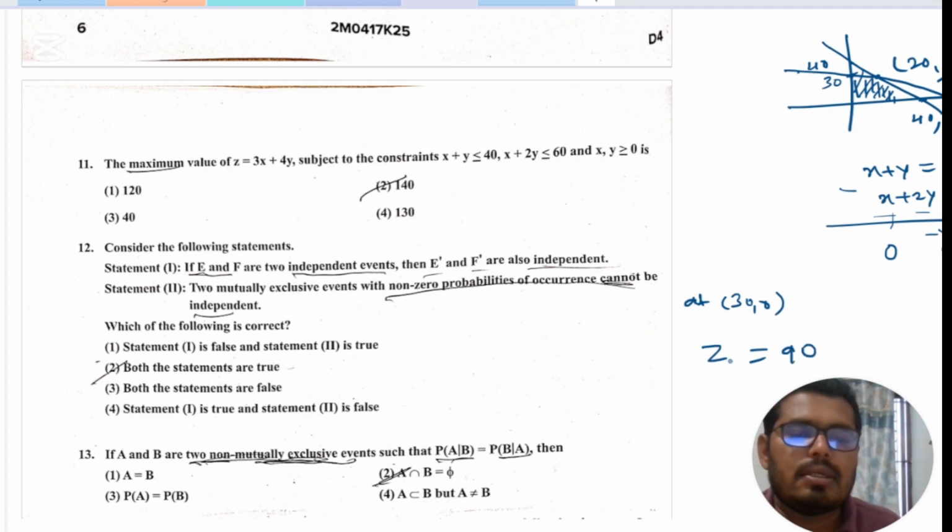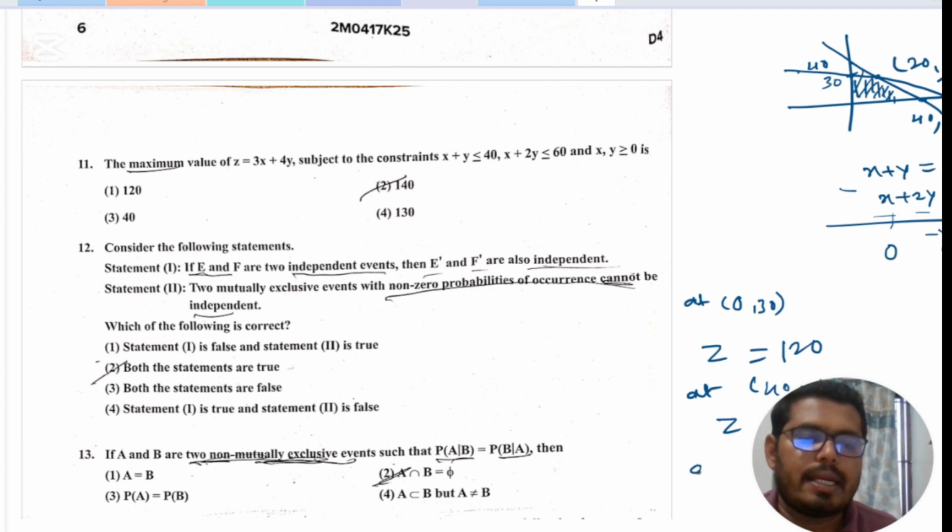Then at the point 0 comma 30, the z value, putting y equal to 30, is 120. Next, the point is 40 comma 0. What is the z value at that time? With x equal to 40, it is also 120.